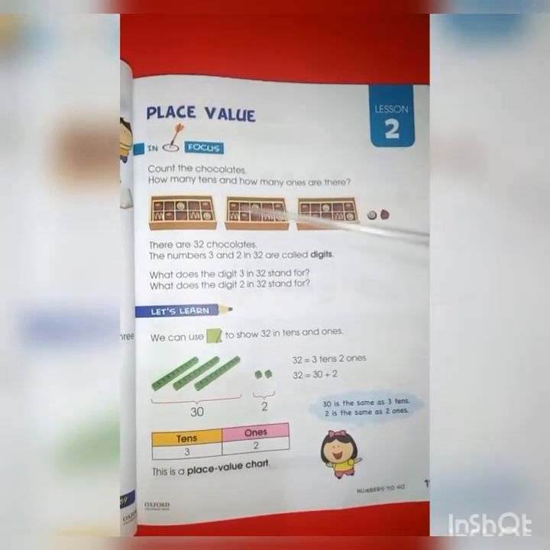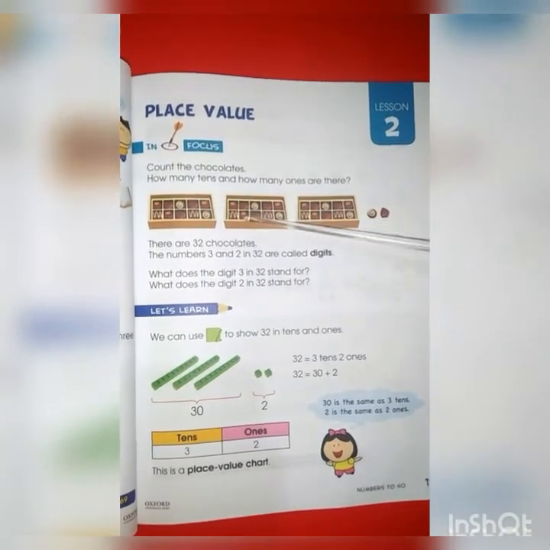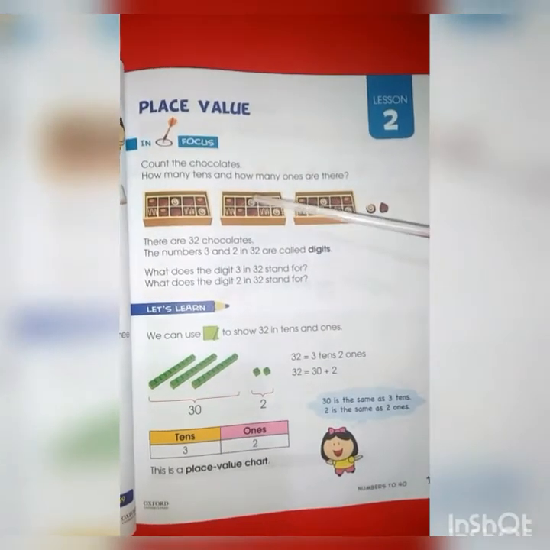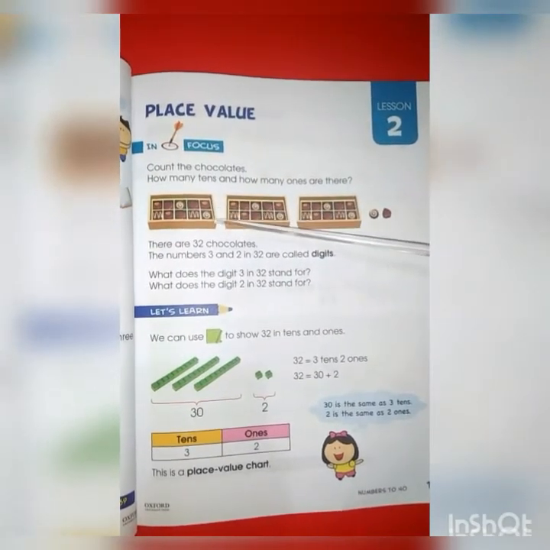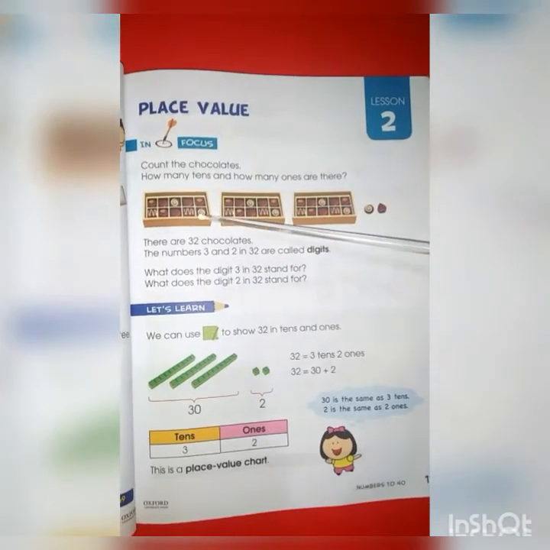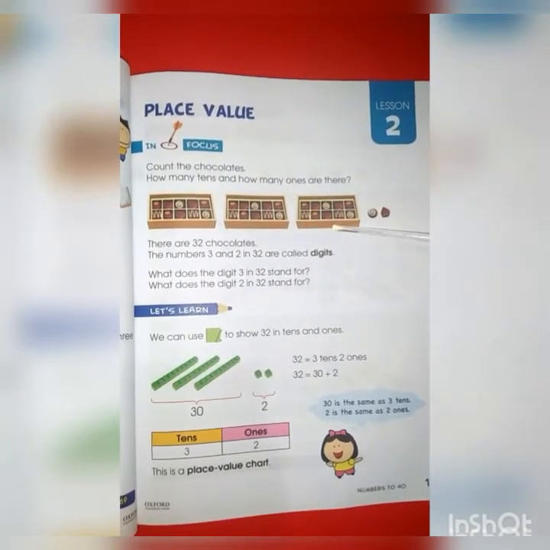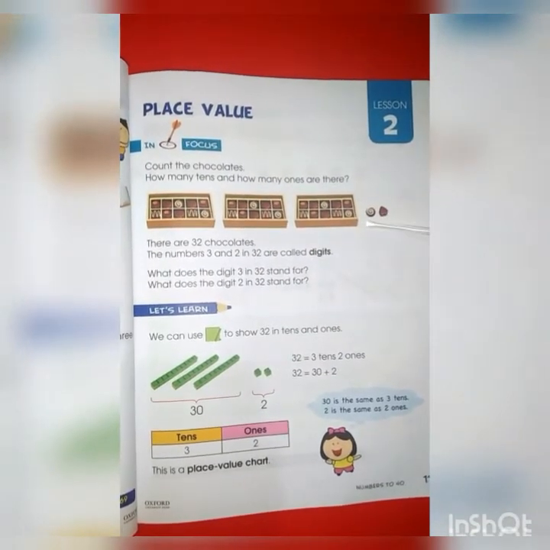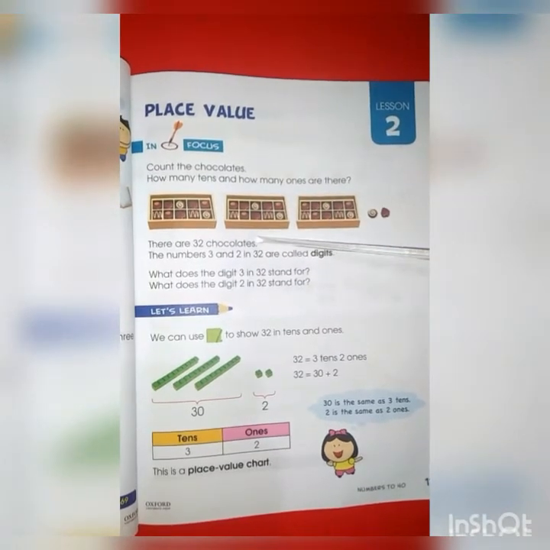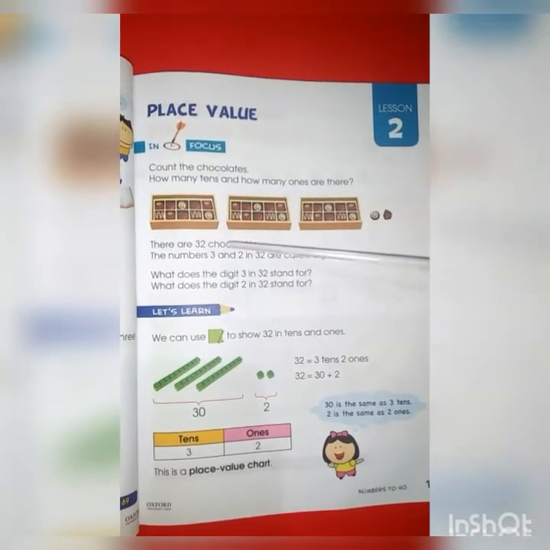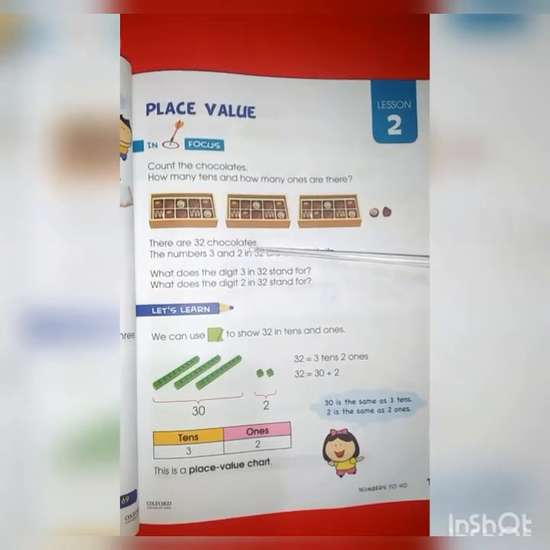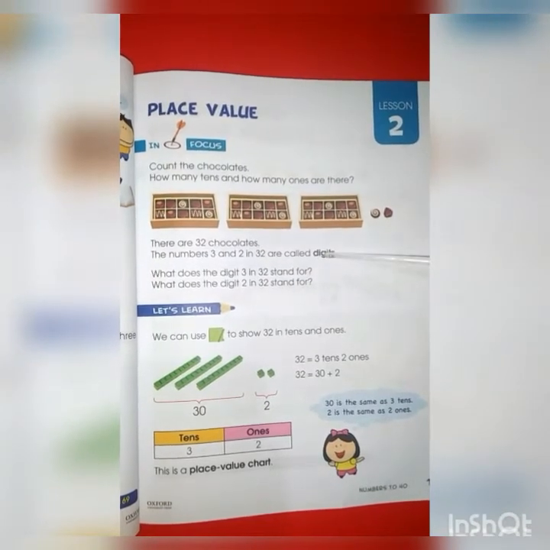Okay, let's start counting. As you can see here, there are 3 boxes of chocolates and in each box there are 10 chocolates. It means that 10 plus 10 plus 10, 30, 31, 32. There are 32 chocolates. The number 3 and 2 in 32 are called digits.